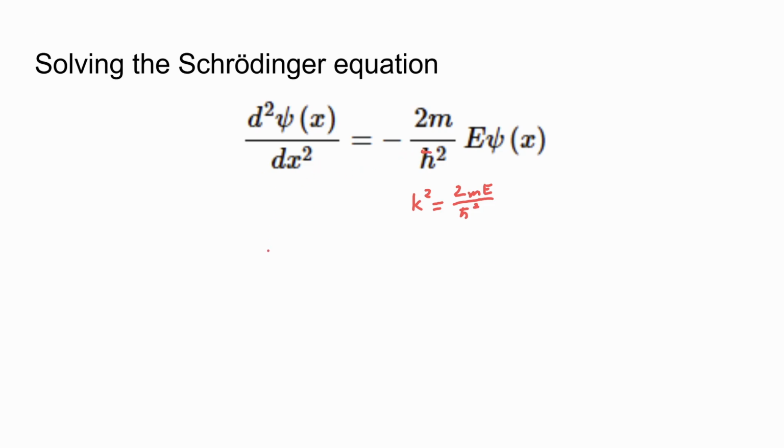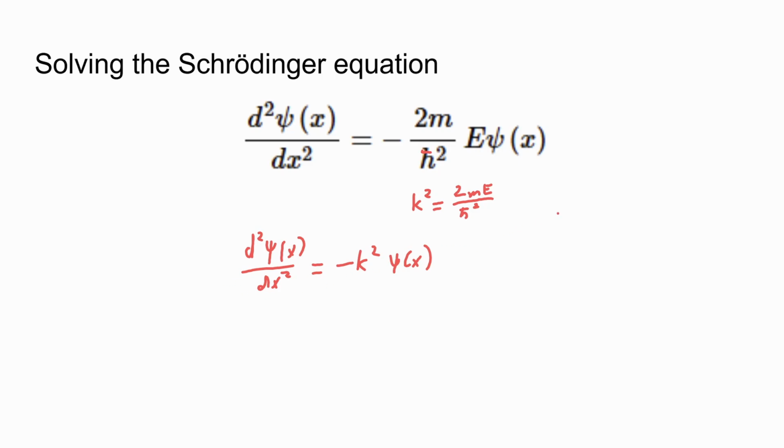But anyways, we are left with a differential equation, the second derivative of psi of x over dx squared is going to equal negative k squared times psi of x. So basically, what kind of function can we take two derivatives of with respect to x that will give us a negative constant squared times that same function?